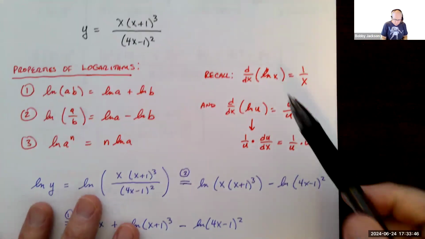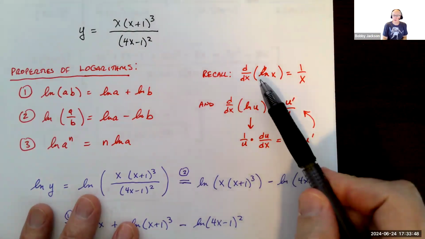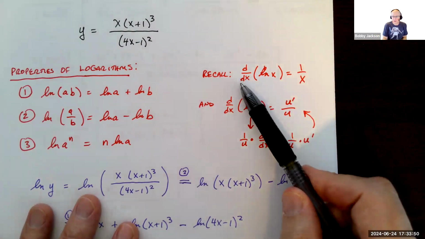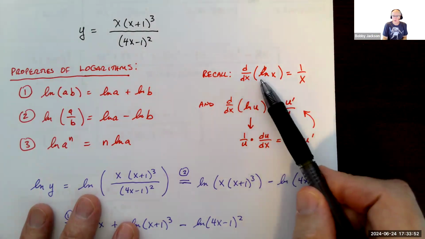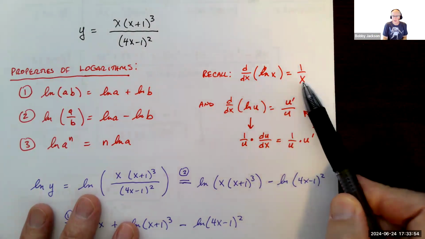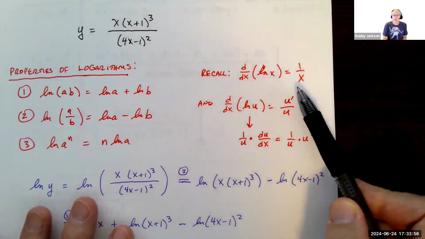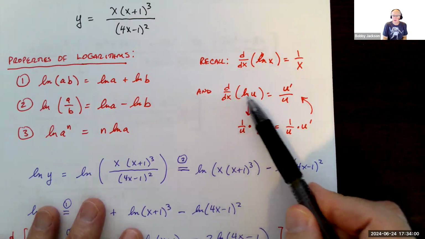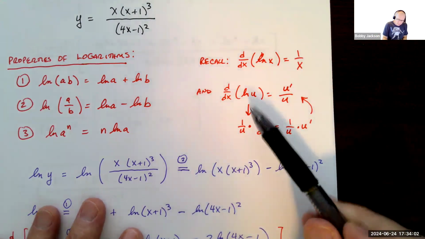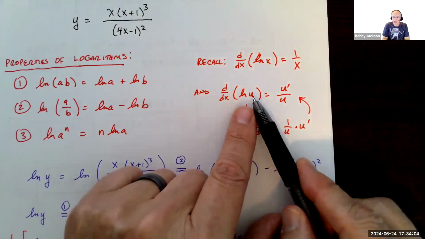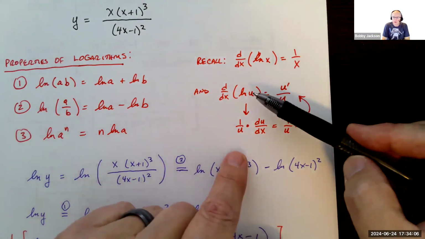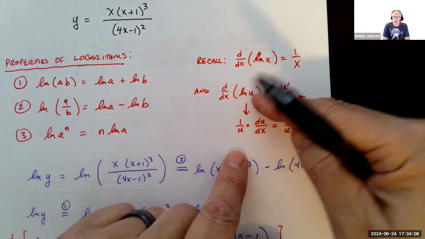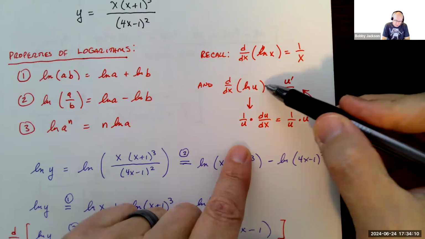Now, the other thing you need to know: first off, the derivative of the natural log of x is 1 over x. That's the derivative rule that we learned in this section, and we make use of it here. Also, if you have the derivative with respect to x of the natural log of u, where u is some function of x, that's a chain rule, right? The outer function is natural log of u. What's the derivative of natural log of u?